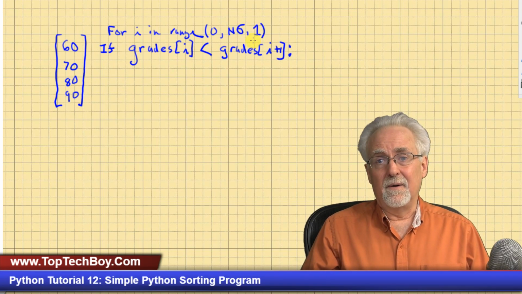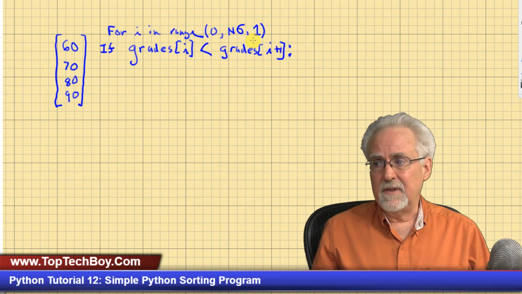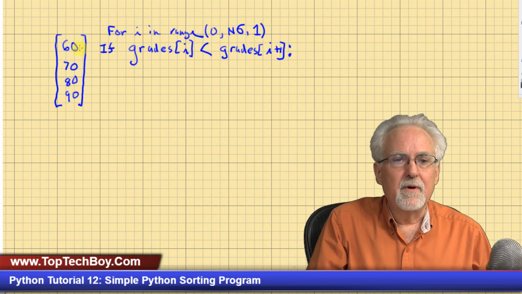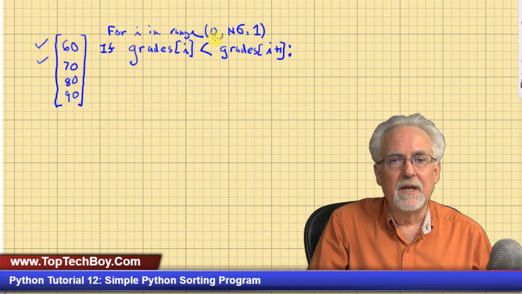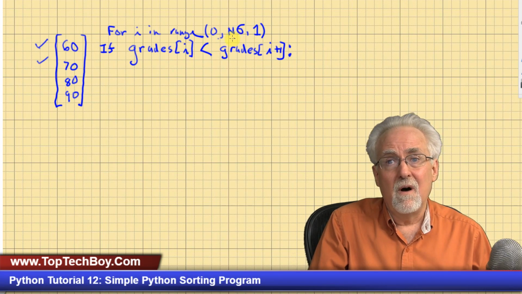Now this is the thing you have to think about, though, that the first time through I'm going to compare 60 to 70. The second time through I'm going to compare that to that, and then the third time through this to this. What you got to see is, if I'm comparing the present position to the next position, do I really want to go all the way through num grades times?